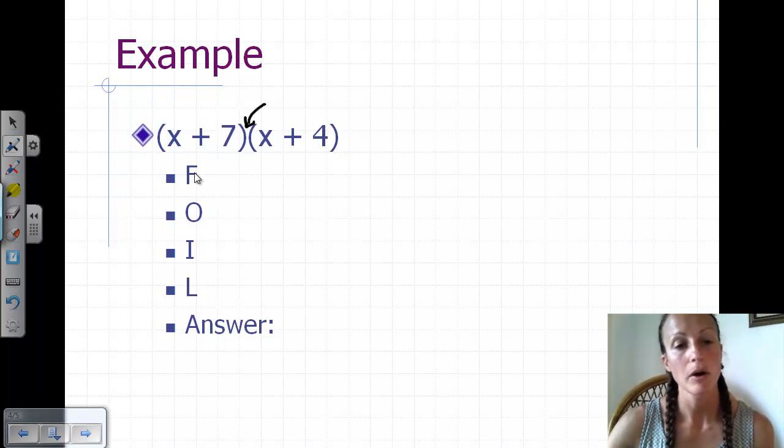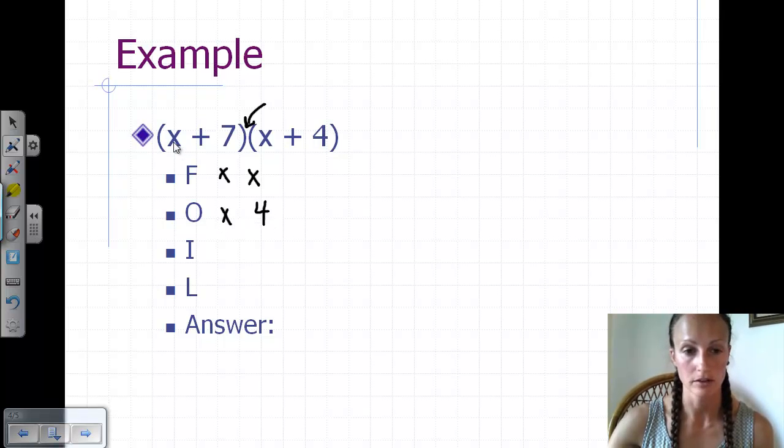So let's talk about which of these four terms are the first terms. Out of these two, which one comes first? That's right, x does. Out of these two terms, which one comes first? That's right, x does. Out of all four terms, what are the two most outside terms? Good job, x and 4, this x.